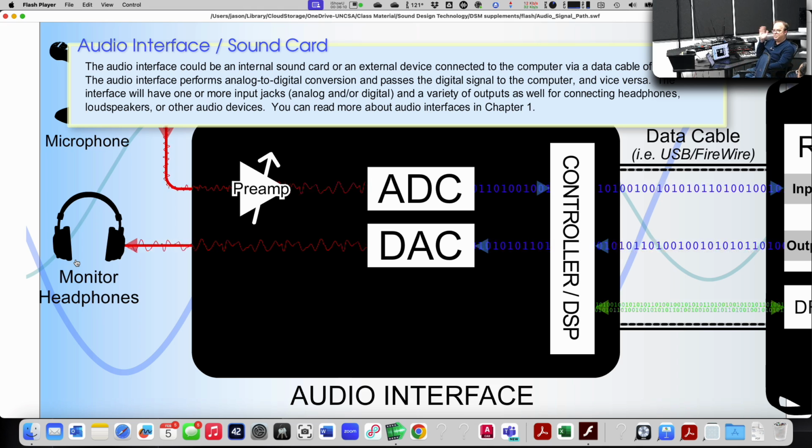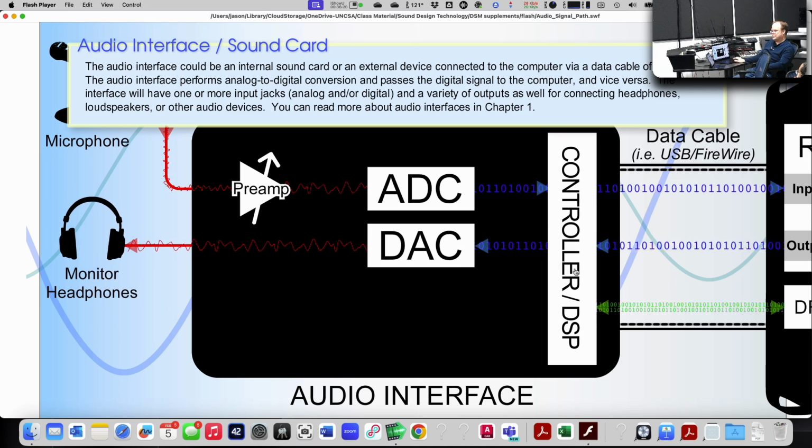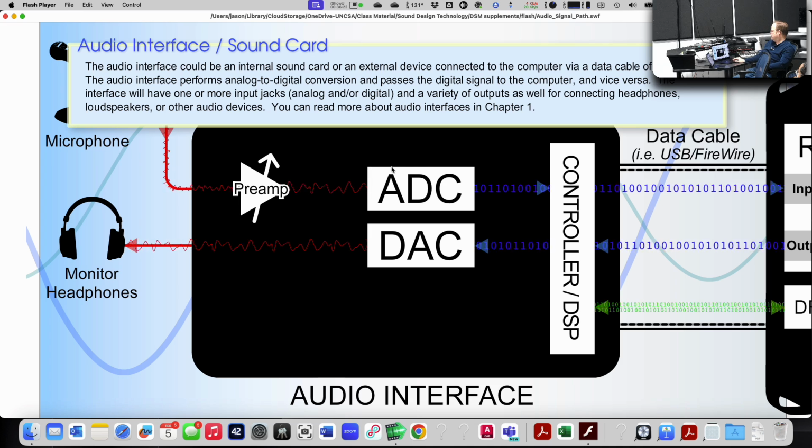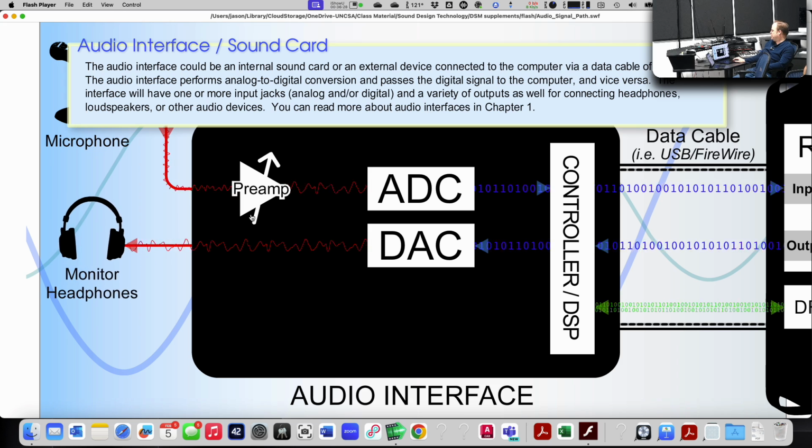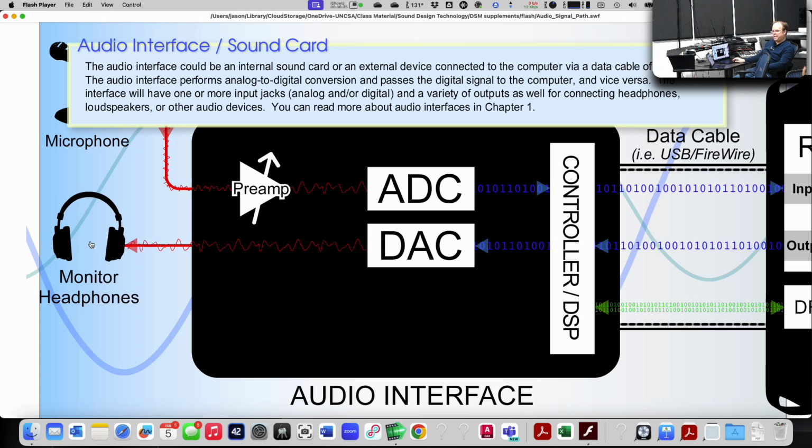Sometimes there's an audible delay between when they talk and when they hear it in their headphones because of all the work it has to do as it makes that round trip through the computer. Well, if you've got a little DSP inside the interface, sometimes you can route the audio back into the headphones before it ever has to go through the computer. Some interfaces let you do that before it even gets converted to digital. They can make a little mix at the analog level and shoot it right back out, and that's instant.